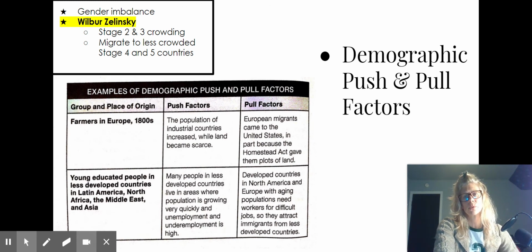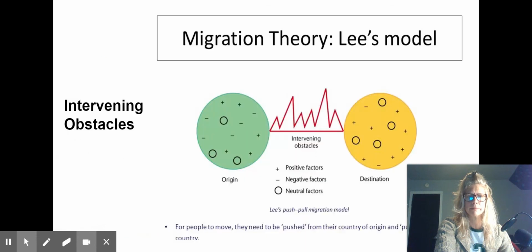And then pull factors will be developed countries in North America and Europe with aging populations. They need more workers. So that would be a pull factor, people going in to build that workforce, if that makes sense.